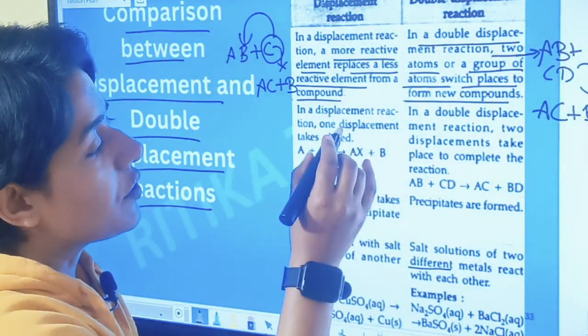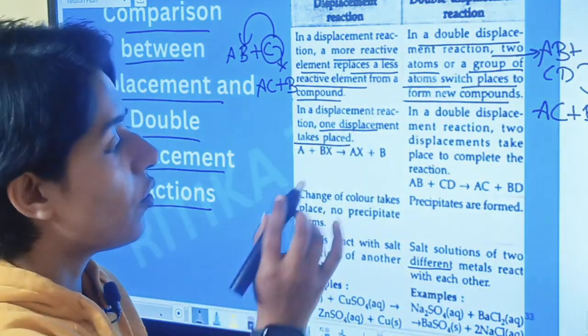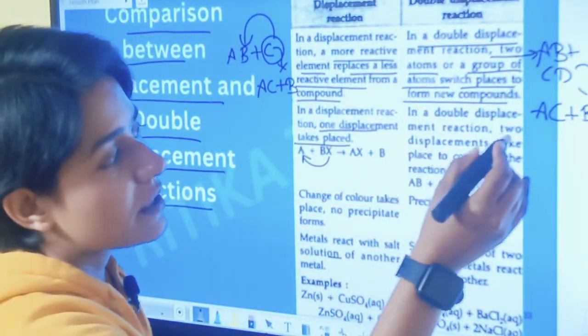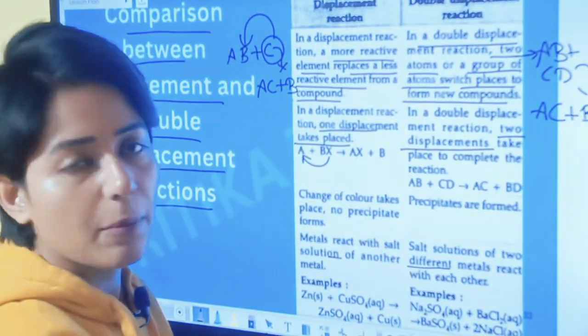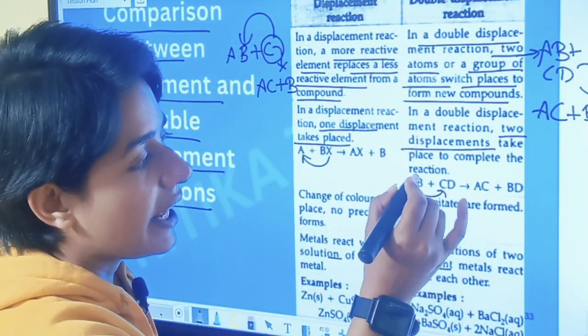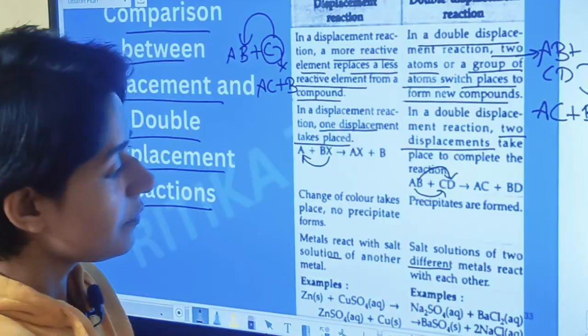In a displacement reaction, only a single displacement takes place. In a double displacement reaction, two displacements take place to complete the reaction, that is, A comes with C and B comes with D.